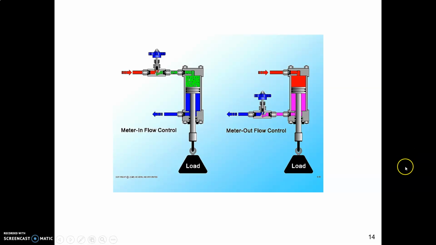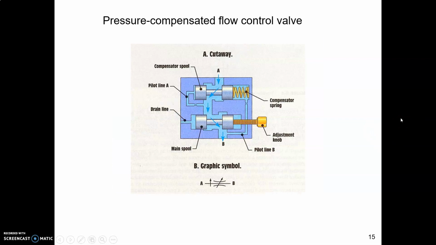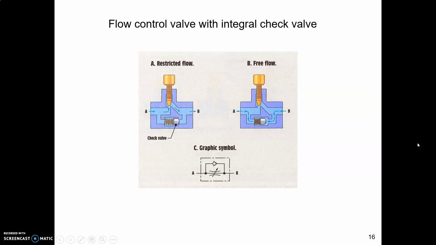And you could have a flow control valve where the flow is regulated on the incoming or the outgoing. You could have a pressure compensated flow control valve. And see that little vertical arrow in the symbol? That's pressure compensated. And finally, here's a symbol for a flow control valve that has an integral check valve.